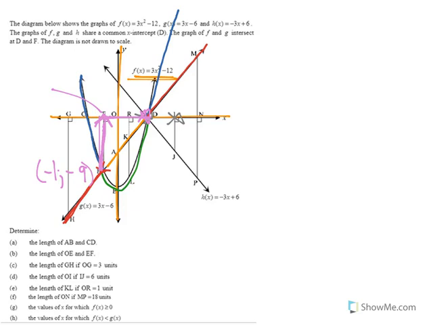So that means from when my input is -1 up until we found this to be +2. So when my input is between -1 and +2, then the output of my straight line function g is higher than the output of my parabola f.